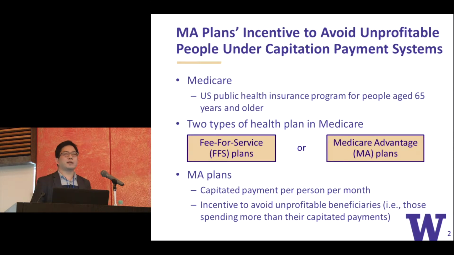FFS plans are paid for each service or each treatment, but MA plans are paid a fixed amount of money per person and per month. So this creates incentive for MA plans to avoid people who are spending more than their capitated payment. I refer to these people as unprofitable people, and it is totally from the health plan's perspective.